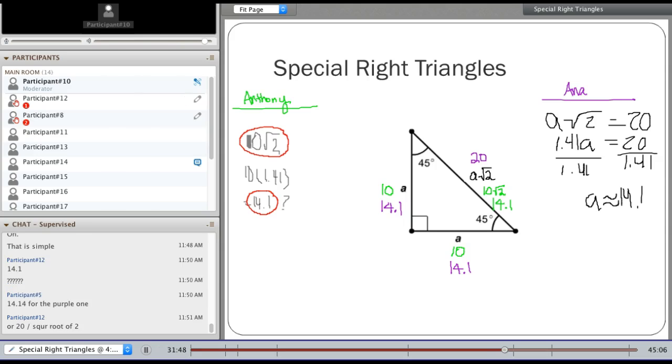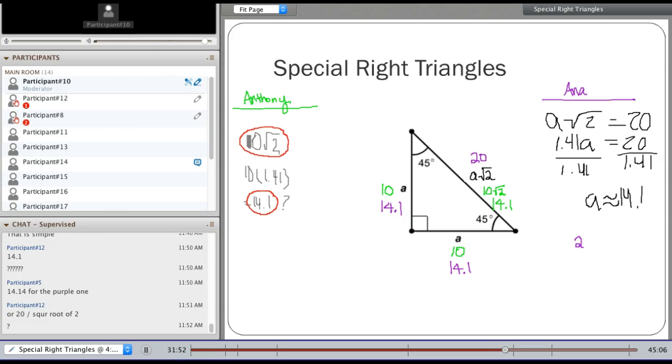Yes. So let's do the square root version as well. If we kept the square root in there, we would divide by the square root of 2. And I know it looks crazy, but the square root of 2 is just a number. You can put it in your calculator.